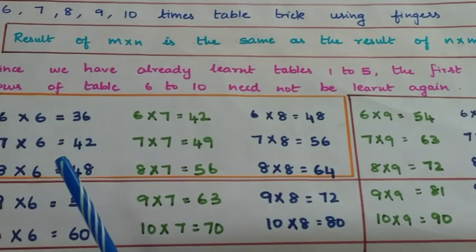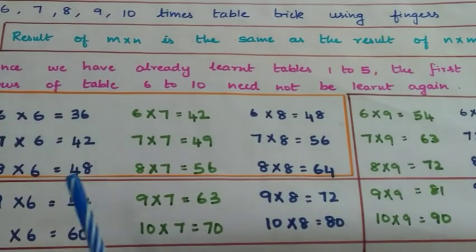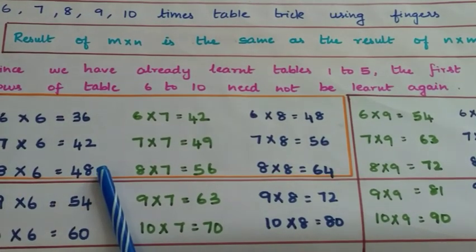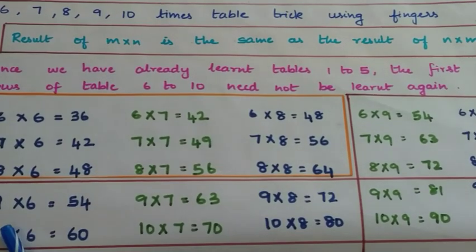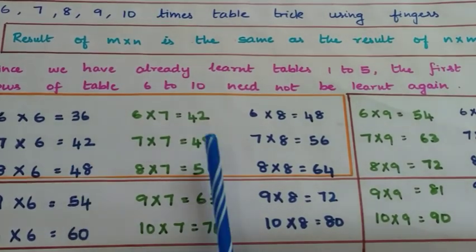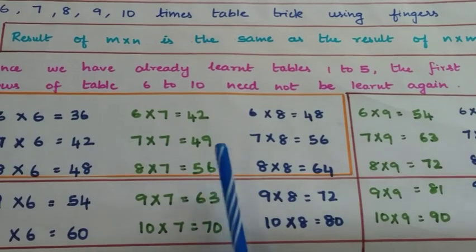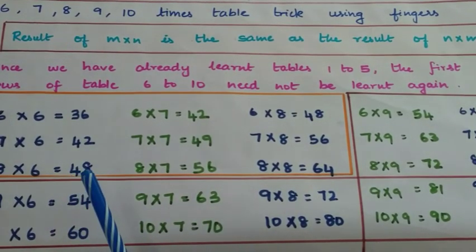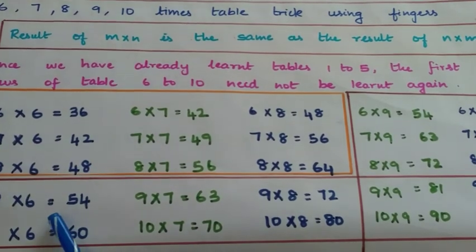So for now, I hope these 9 rows would be familiar for the kids to obtain the answer easily by using their fingers. In my upcoming videos, I will explain in detail about tables 6, 7 and 8 individually, which will help the kids to have a clear idea of learning the whole table easily.